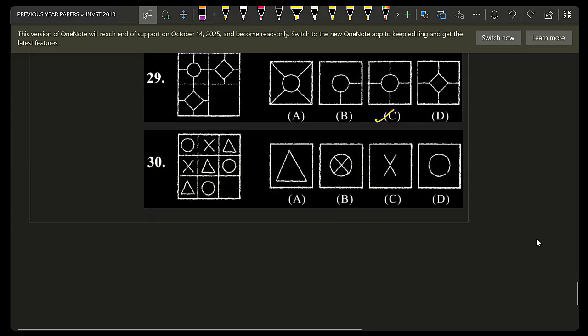Yes, let's take it. Look at 30. You can go row wise. In the first row, circle, cross, triangle, all are there. In the second row, circle, triangle, cross, all are there. But here, which is missing? Cross is missing. That is option C.